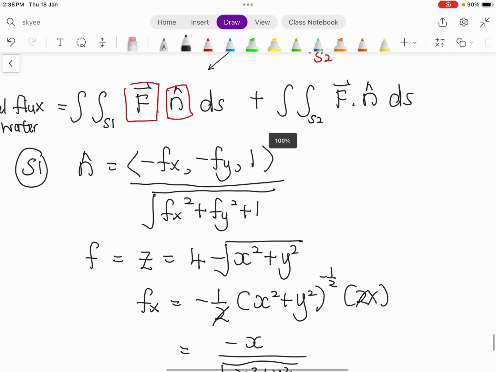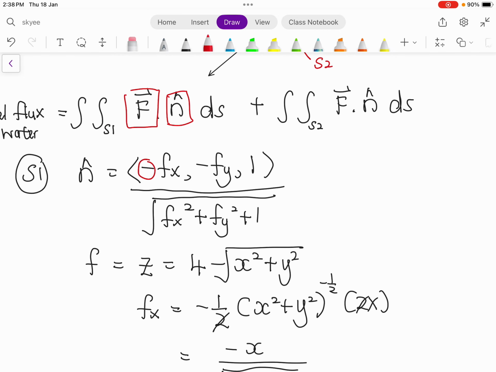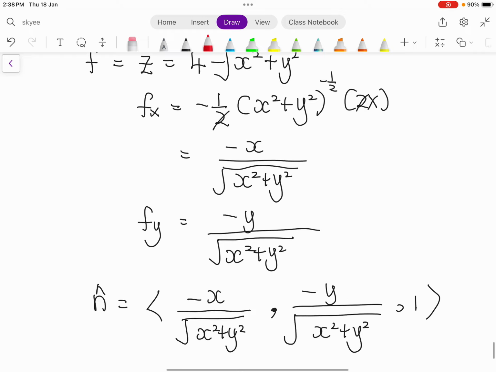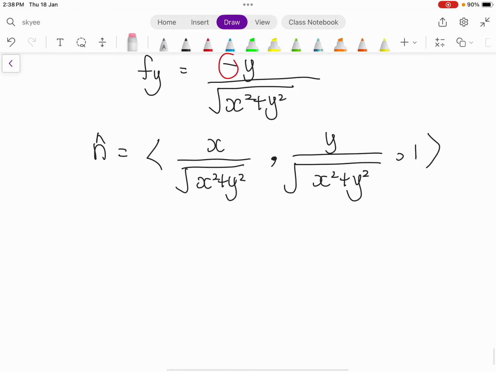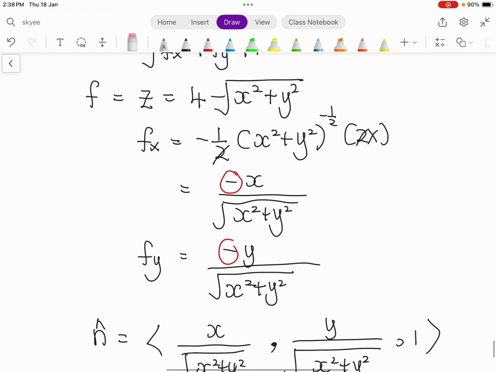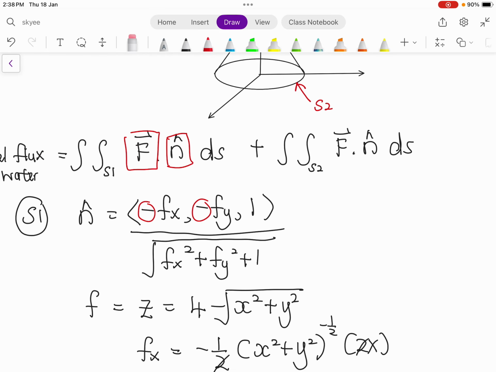Just now we had a negative here and this is also negative, so it should be positive here. I think we'll focus on this part first, then later on we go to the next surface.